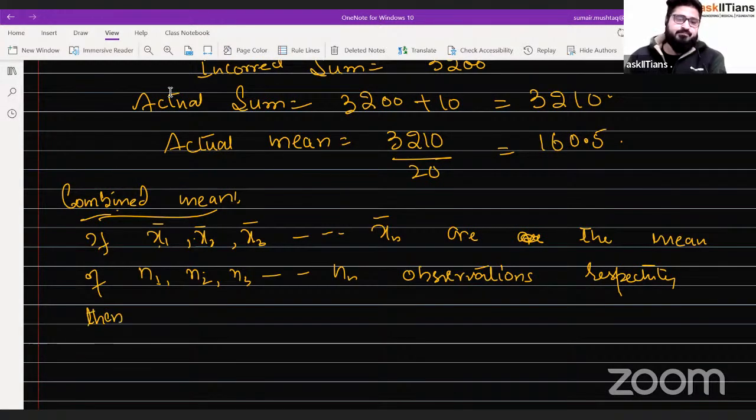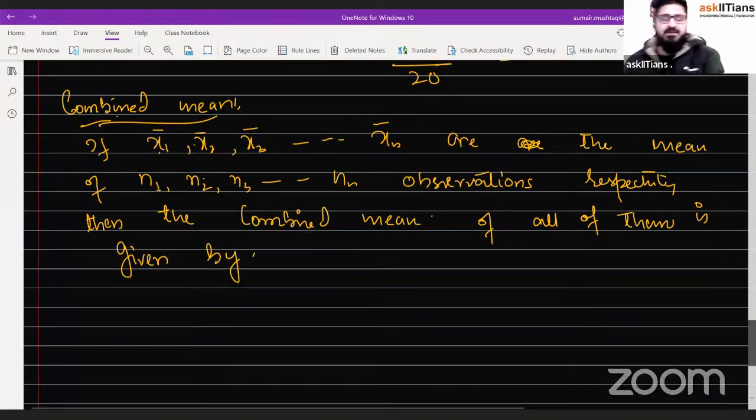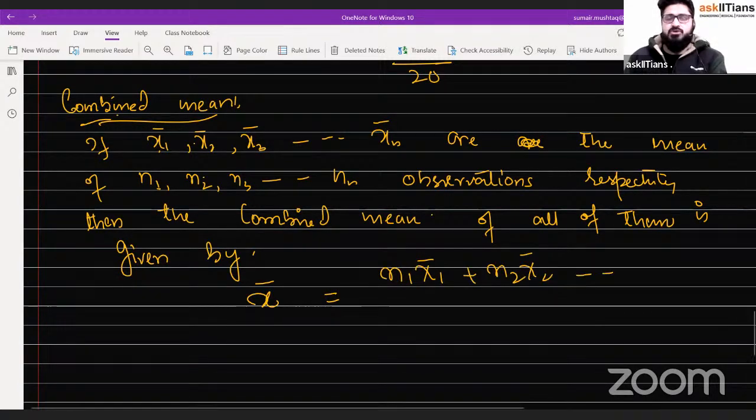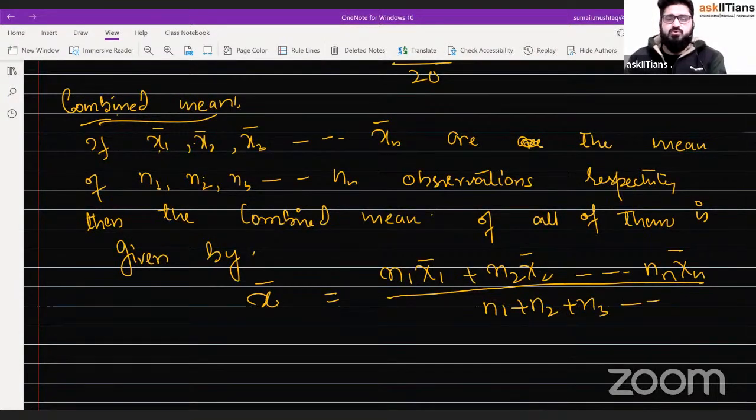Then the combined mean of all of them is given by x bar equals n1 x1 bar plus n2 x2 bar, and so on, plus nn xn bar, divided by n1 plus n2 plus n3, and so on, plus nn.